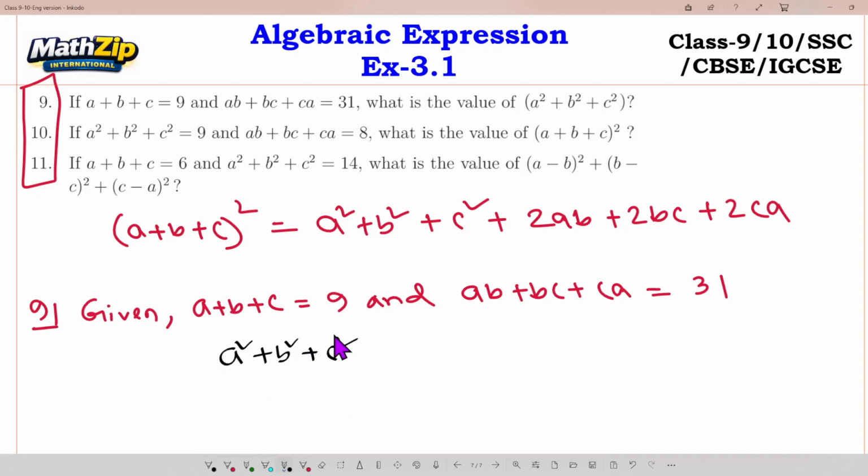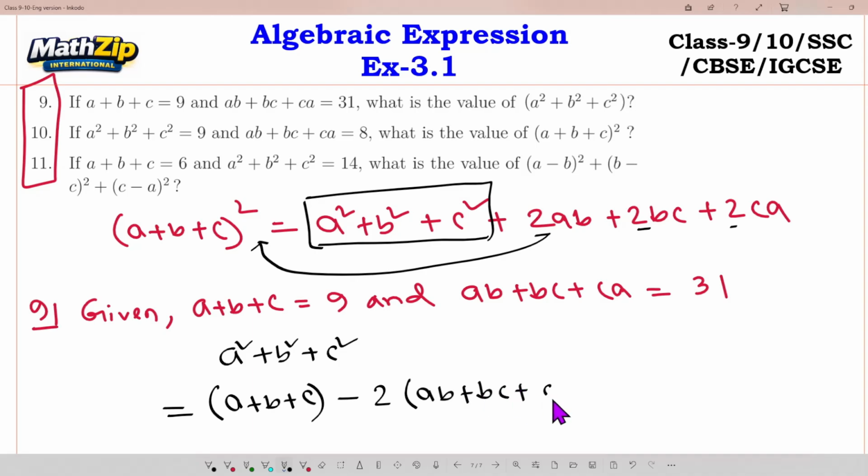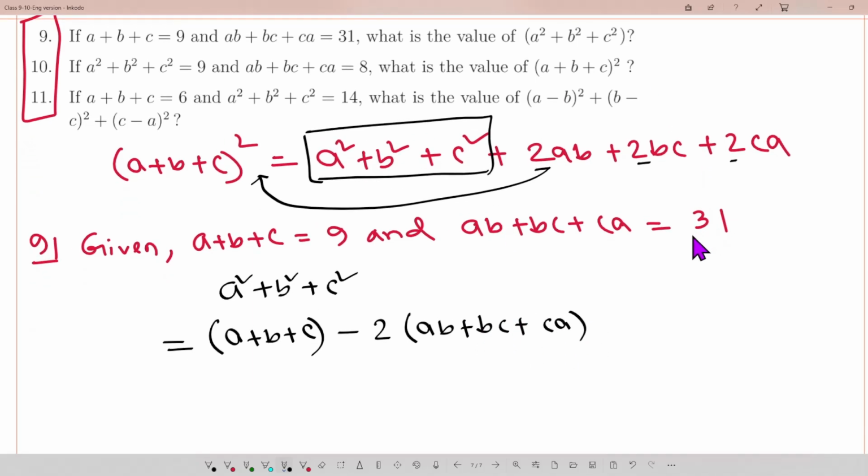So in this formula, if we keep a square plus b square plus c square and transfer the other term, we will get (a plus b plus c) whole square minus, and from here we can take common 2, so minus 2 times (ab plus bc plus ca), right?